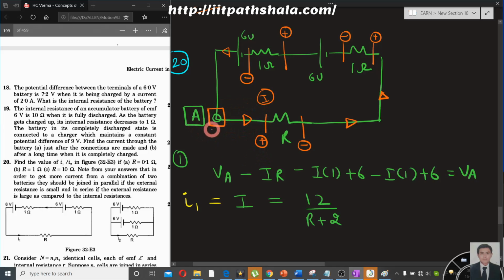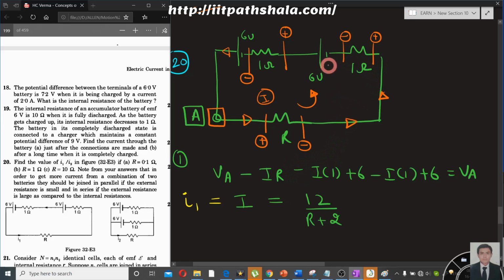Now just simply apply KVL. So I'm starting from VA, then I'm going in the anti-clockwise direction. So VA, then I'm going from positive to negative over here, so minus IR. I'm multiplying by -1 because I'm moving down the number line. Then from positive to negative at the 1 ohm resistance, again I'm moving down the number line, so I've multiplied by -1, and the value of voltage across this 1 ohm resistance.